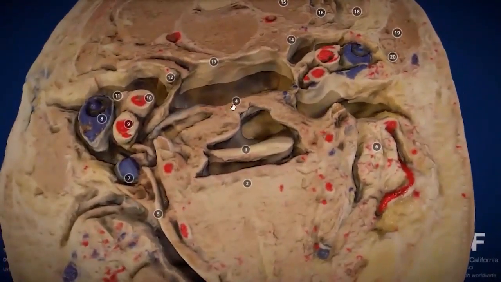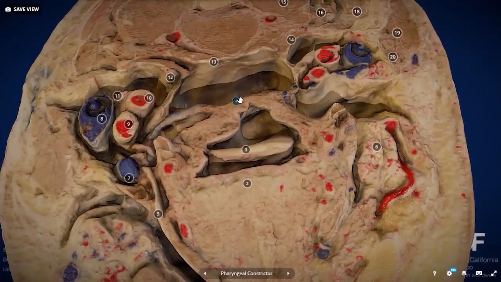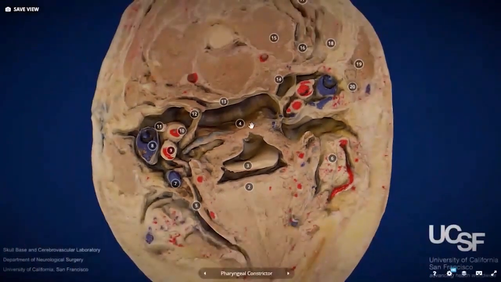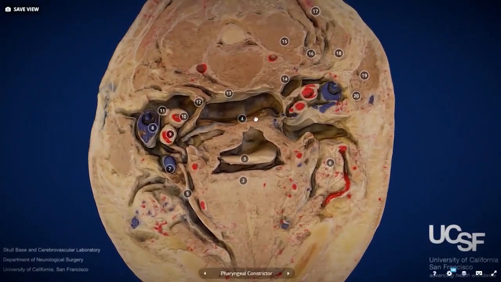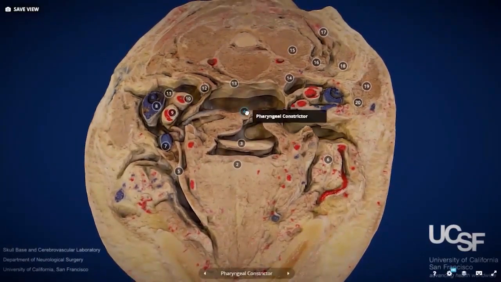This is a great view to understand the different neurovascular and visceral components when approaching either anteriorly or posteriorly, in this case the upper subaxial level.